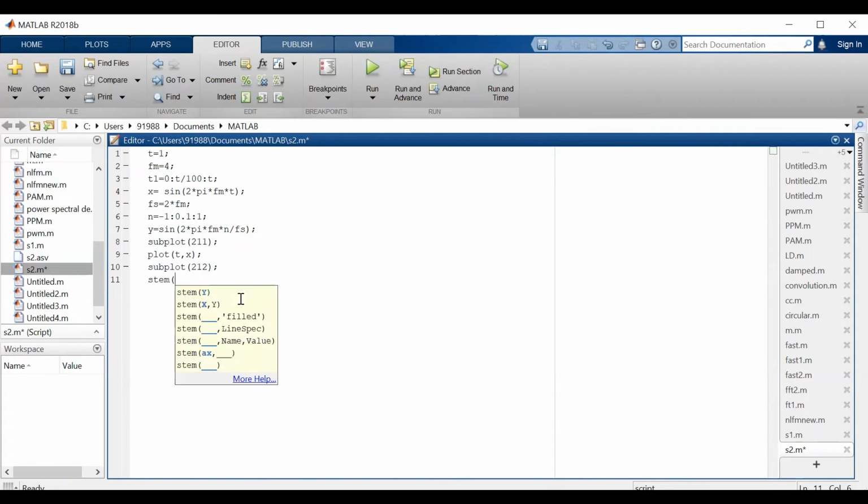We plot y with respect to n. Then hold on, so we plot onto the continuous signal.